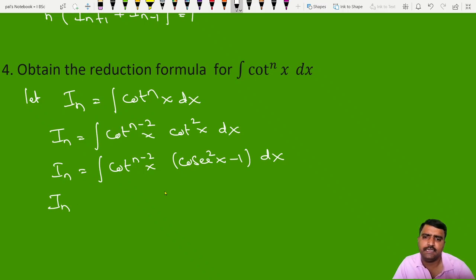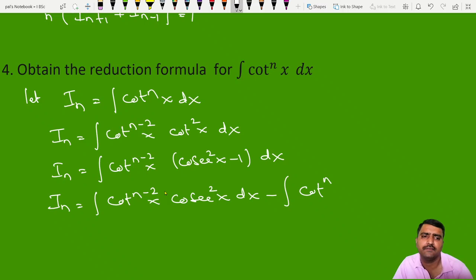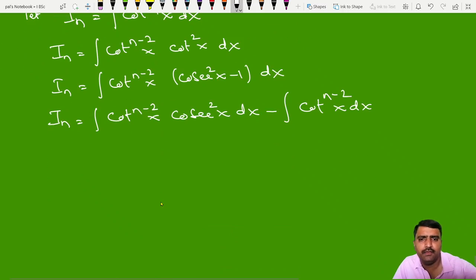So that is in is equal to integration of cot to the power n minus 2x into cosecant square x dx minus integration of cot to the power n minus 2x dx.